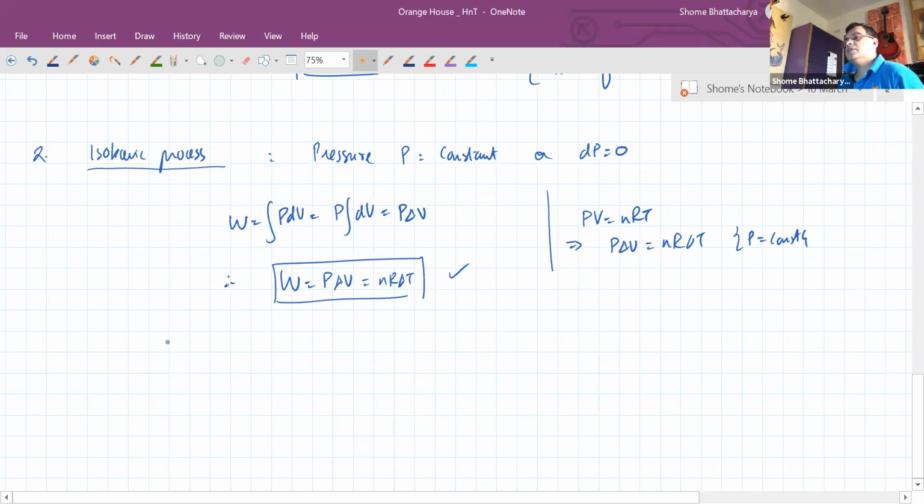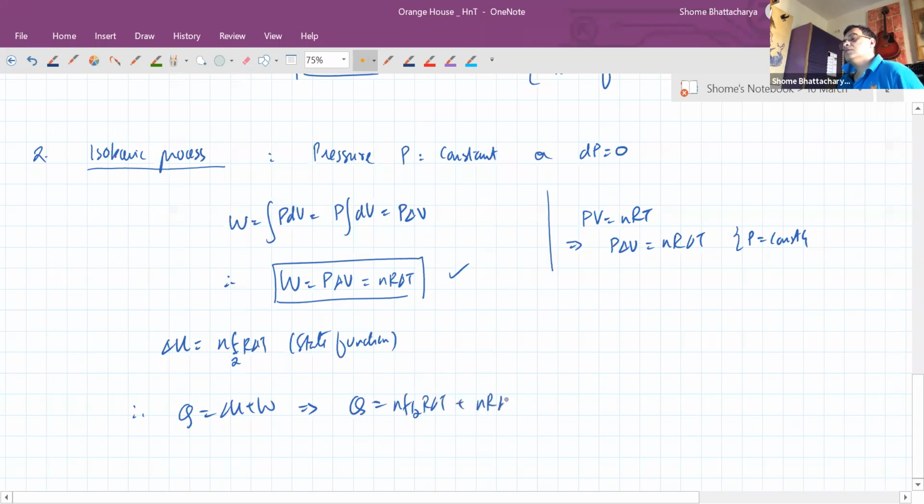Then the state function delta U is the same formula. So Q being delta U plus W, Q becomes this plus this.